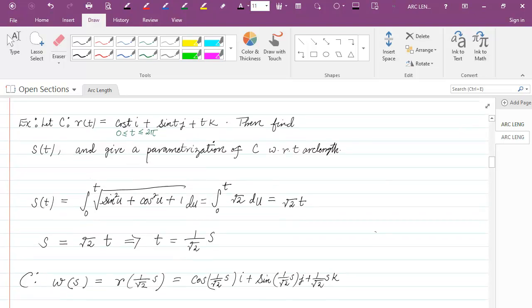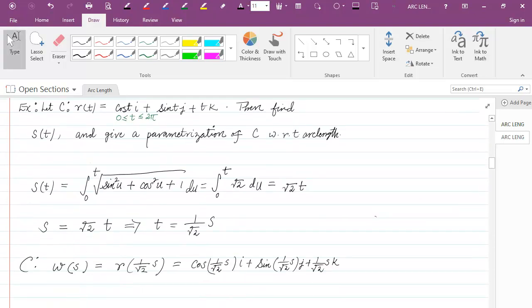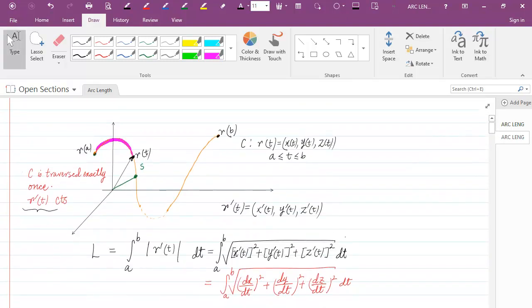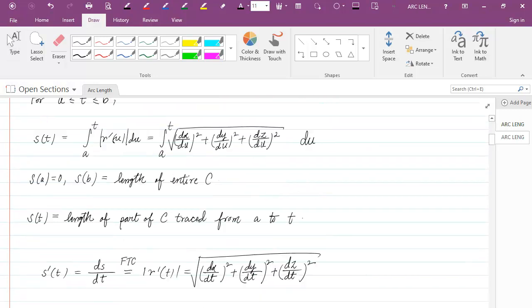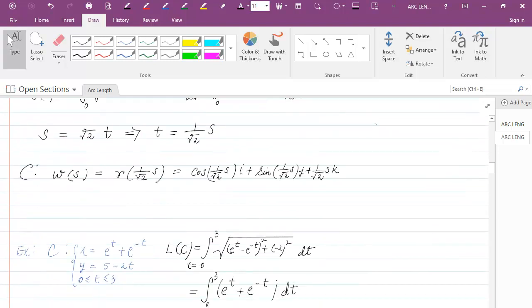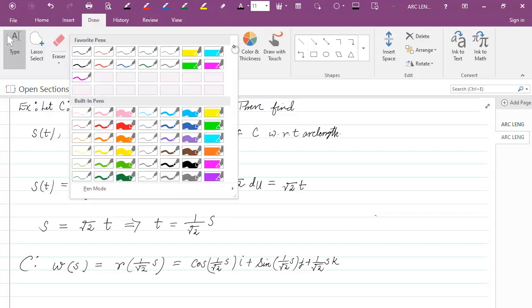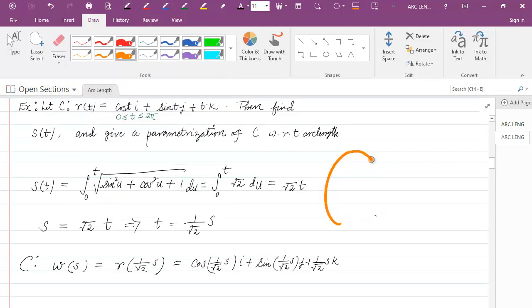Let me explain this a little bit. Let's say I have the curve here, and it starts at this point. So let's say the arc length from the beginning point to here is s.